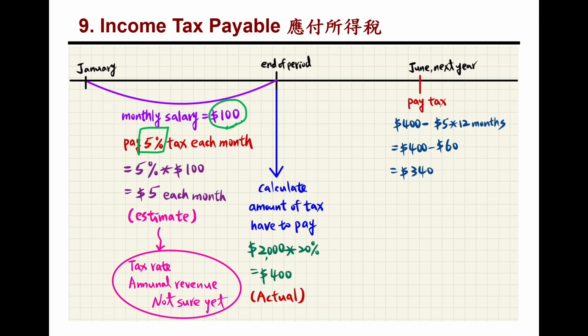So after 1 year, I will know my annual income, right? So based on my annual income, I will know the tax rate I should pay is 5%, 10%, 12%, or 20%. Okay, so if based on my annual income, I know this is my annual income, $2,000.